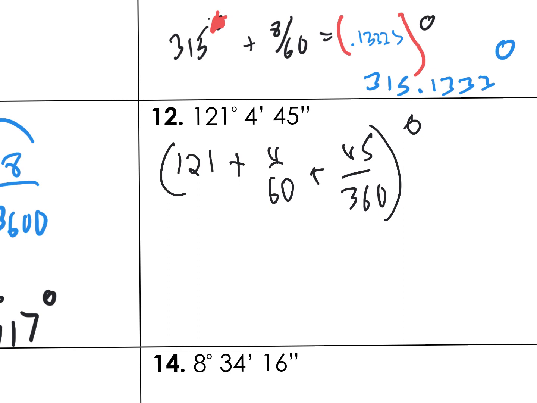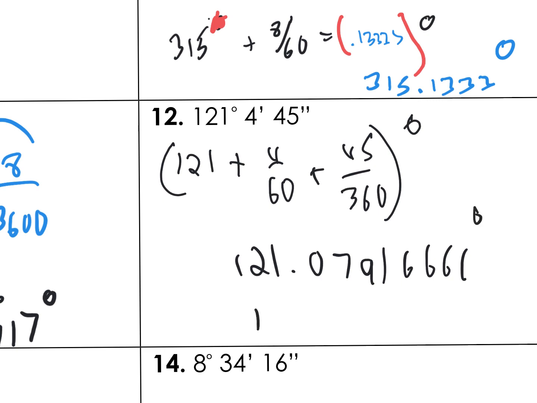Try to get it done before me. .0791 and a bunch of sixes. Degrees. I would leave it as 121.0792 degrees.